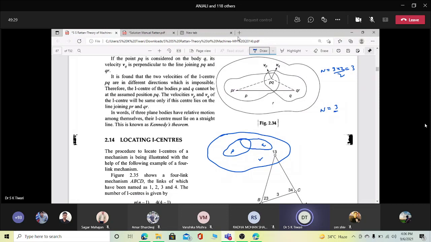अब यहाँ पे क्या हो रहा है देखो, P is in direct contact at this location with the body R, Q is in direct contact. ओके तो मैंने 3 आई सेंटर्स ले लिया, एक ये, एक ये और एक ये। यहाँ पे P और Q एक दूसरे के ऊपर रखे हुए हैं, ठीक है, क्लियर। अब ये जो मैंने आई सेंटर लिया, मैं इसको कहूंगा PR, इसको QR, और ये P और Q के बीच में बन रहा है, therefore I will designate this center as PQ.